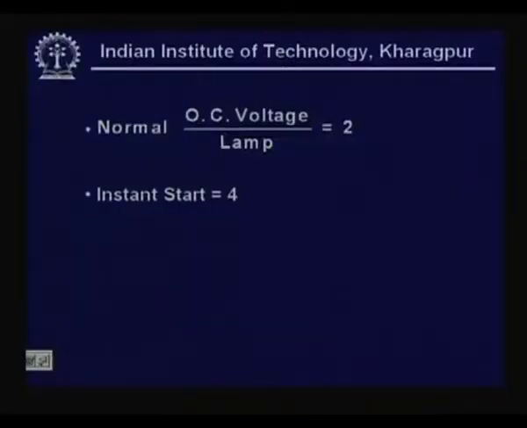So you do find that it may take a few cycles. That is why we can see the flickering of the lamp prior to it glowing. So in order to have instant start, the design is done in such a way that this ratio is kept around 4, and then the lamps are called instant start.